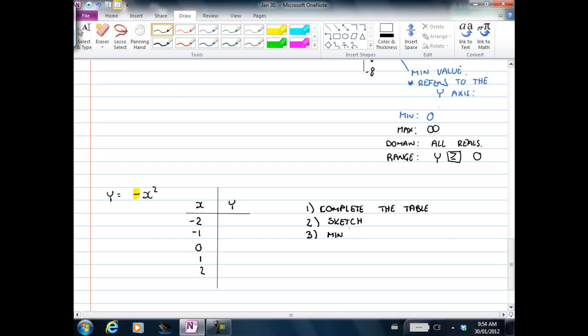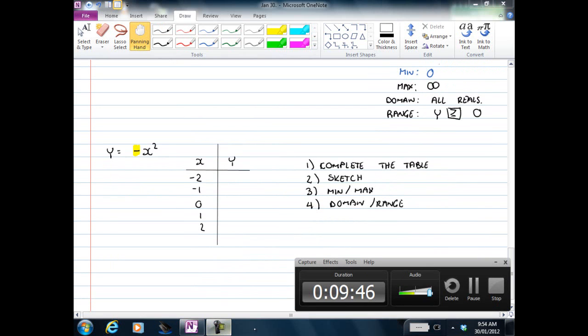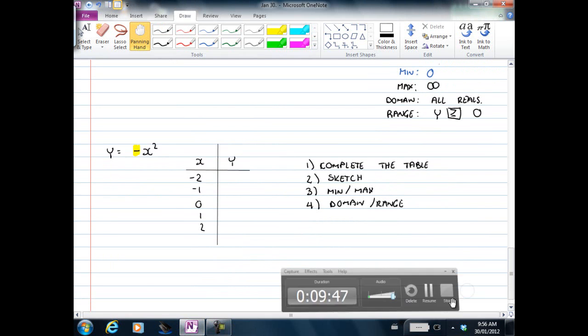Min, max. 4. Domain, range. So I just gave you an equation. The only difference now is there's a new negative sign. I'm going to pause this recording, let you have some time to work on it. While you're working on it, I'm going to walk around and help you.